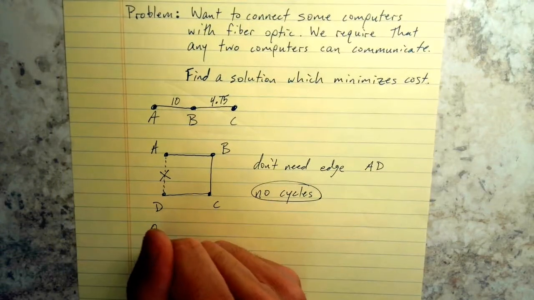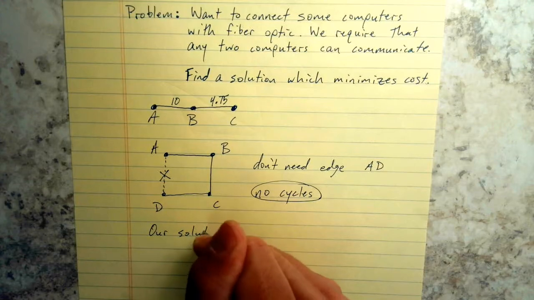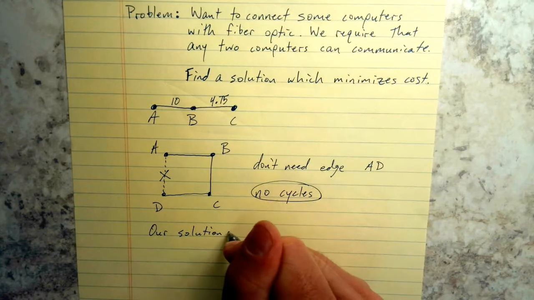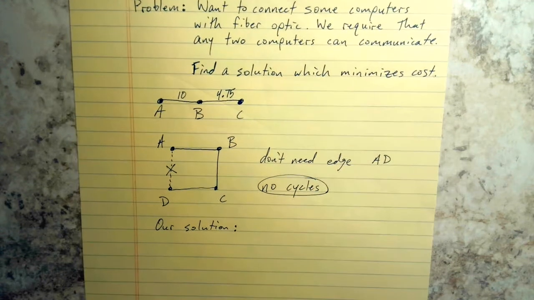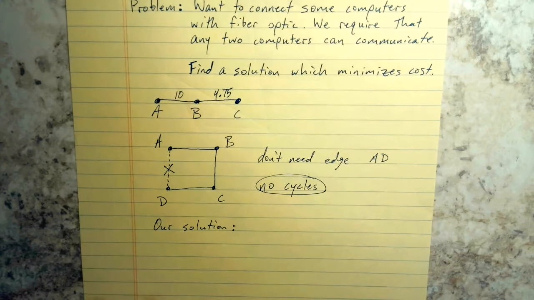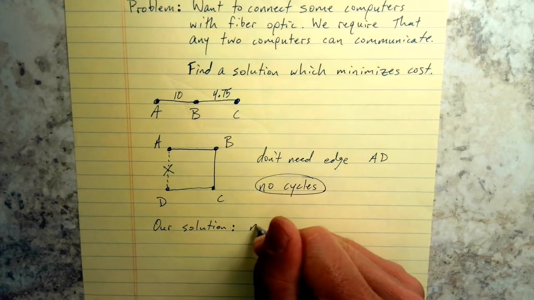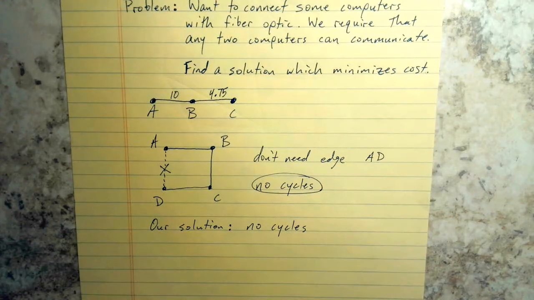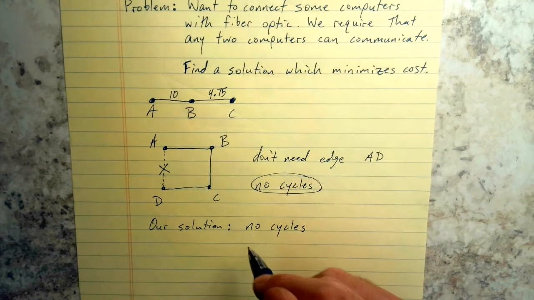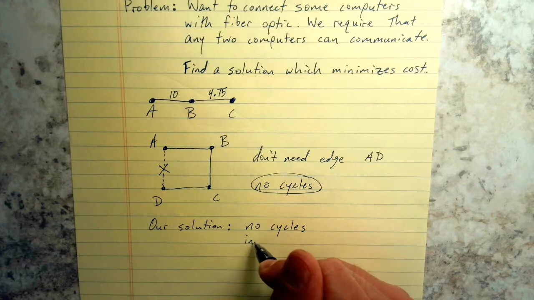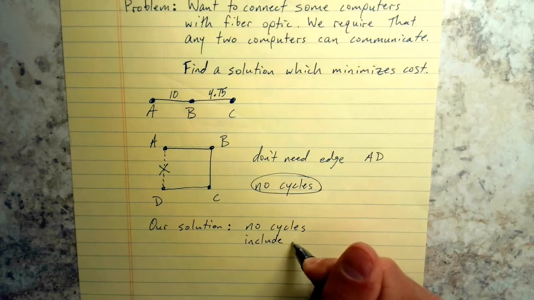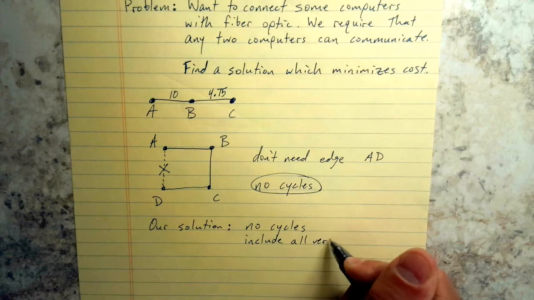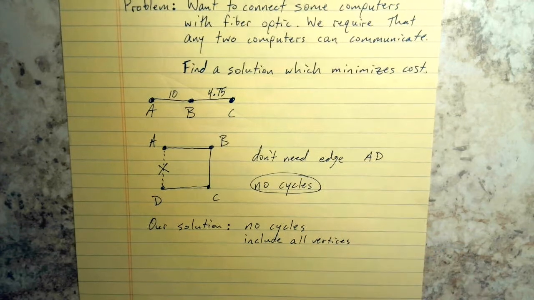So our solution, when we pick edges from a graph, will have no cycles. That's a requirement. And then also we need to include all vertices, because if we didn't, then we would have computers that were left out of the network.